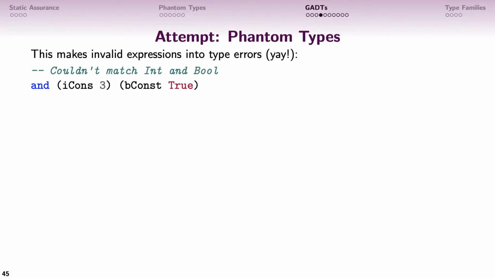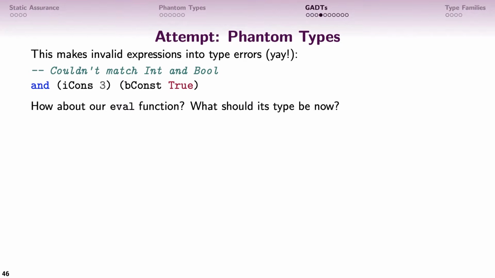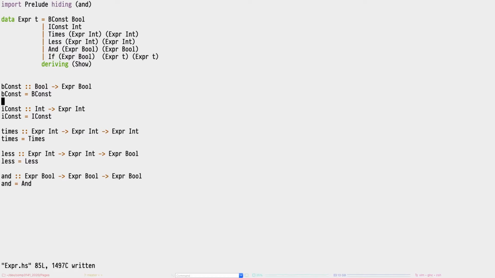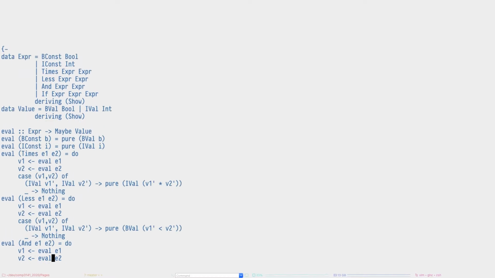So now, how should we write our evaluation function? Eval will take in an expression of type t, right? Evaluates any expression of type t. And when I evaluate an expression of type t, now I have more information than I had before. If I go back to my code, before, when I evaluated an expression, I had to come back to some value, right?